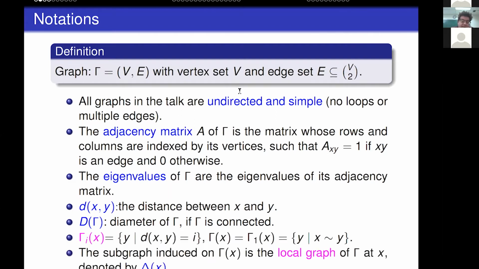We will also need to set gamma_i of x, that are the vertices at distance i from x. And we denote by gamma of x, instead of gamma_1 of x, the neighbors of x. The subgraph induced on gamma of x is the local graph of gamma at the vertex x and is denoted by delta x.